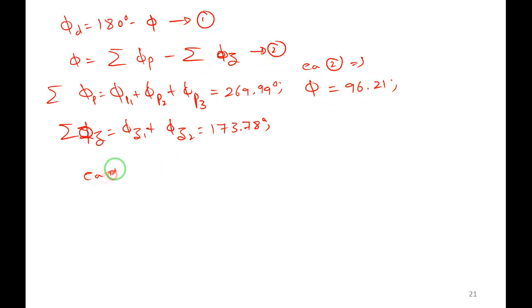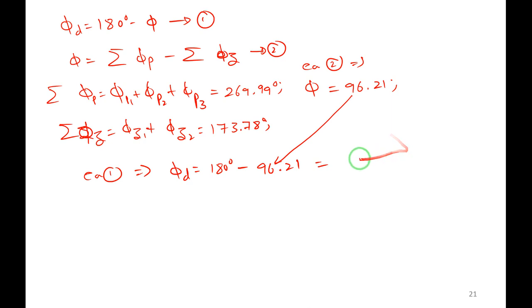Equation 1 implies angle of departure phi d is equal to 180 degrees minus phi, which is 180 minus 96.21. So I am getting it as 83.79 degrees.